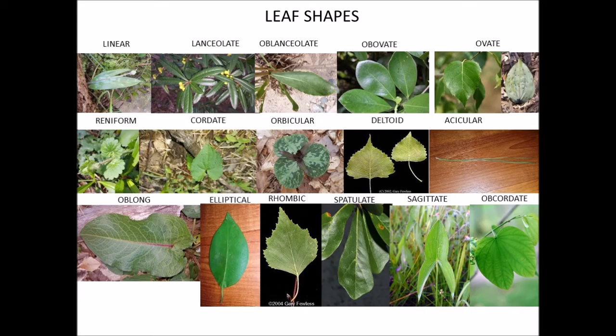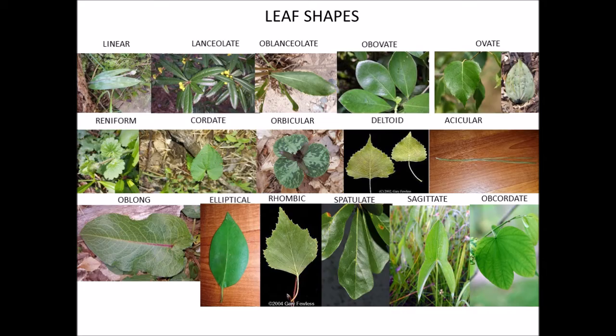Spatulate is spoon shaped, so the leaf broadens towards the tip almost like a spoon. Sagittate is arrow shaped, and you can see in this image, this is one of the aquatic plants, and the tip of the leaf is pointed like an arrow, and then the two bases are kind of like the base of an arrow.